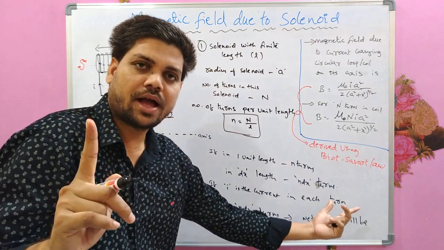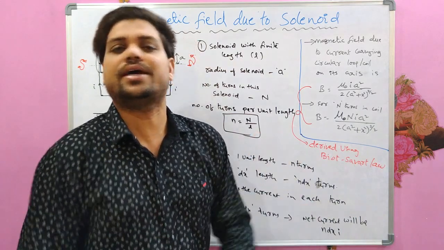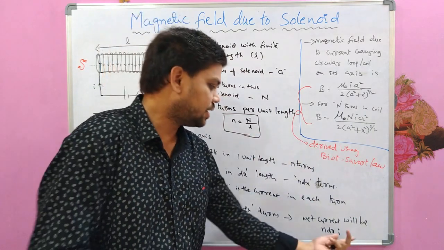In one turn, I current is there. In ndx turns, ndx into I current will be there, the total net current.